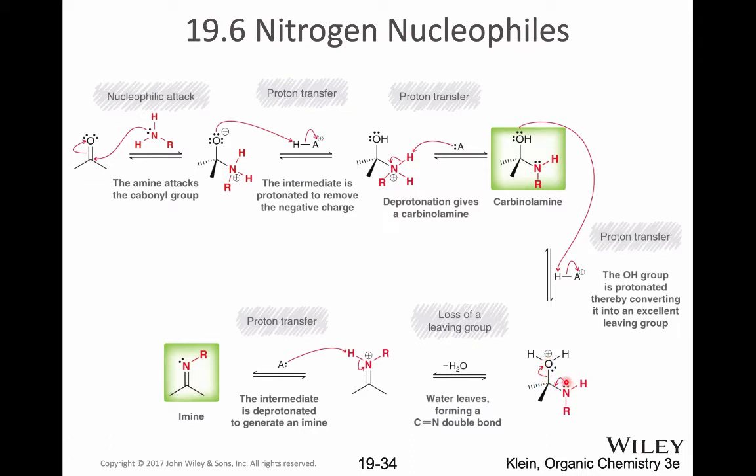Now, instead of something else coming in and attacking, the nitrogen helps this oxygen leave, and then I can just deprotonate this iminium intermediate to make the imine. So the difference between making the acetal or ketal and making the imine is that instead of something else coming and attacking this intermediate, I can just remove a proton to get rid of that formal positive charge.